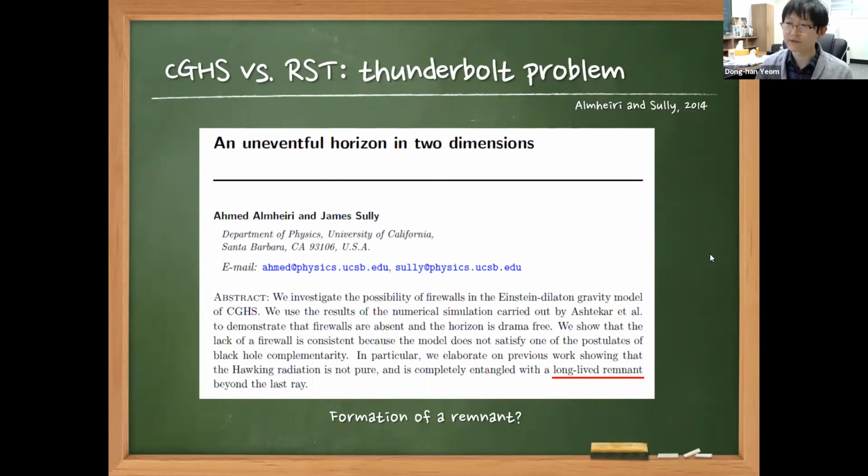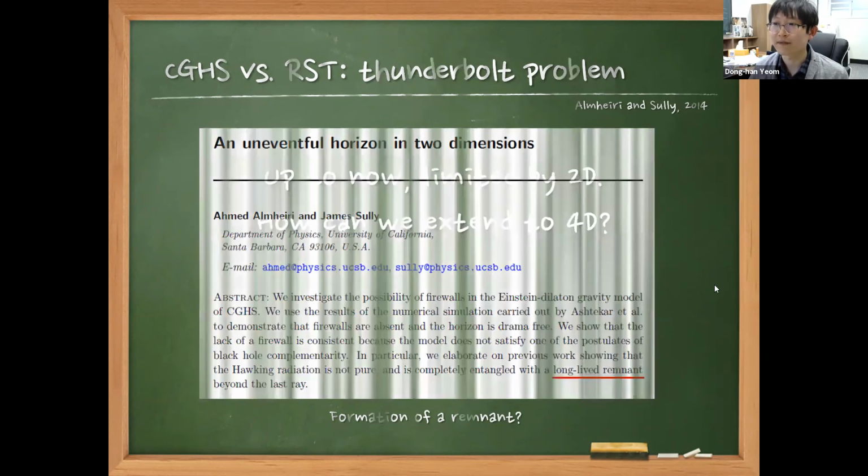So formation of a remnant is, they said, sufficient to explain all the information in 2 dimensions. But I'm not sure, as I didn't check the very details. There is such an assertion about the 2-dimensional CGHS model, but we need to recast whether their assertions are really true or not.